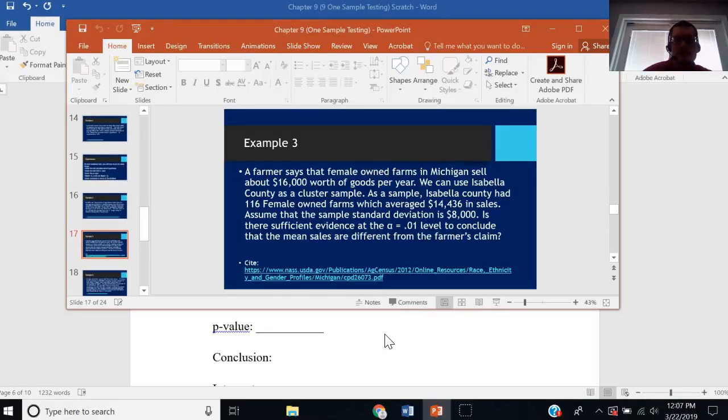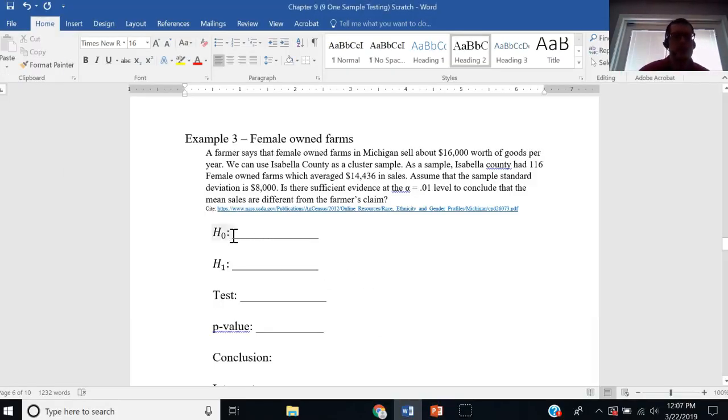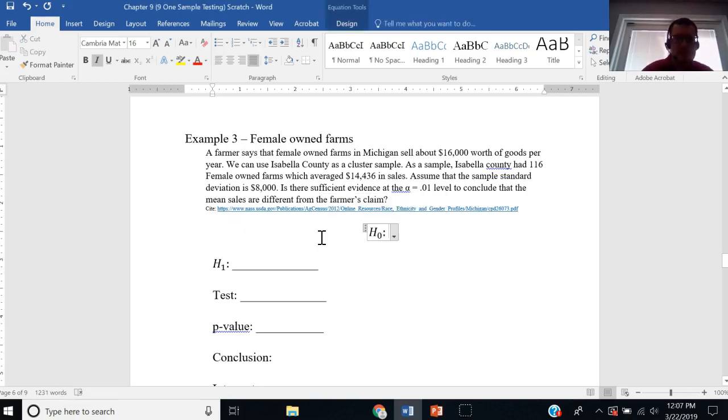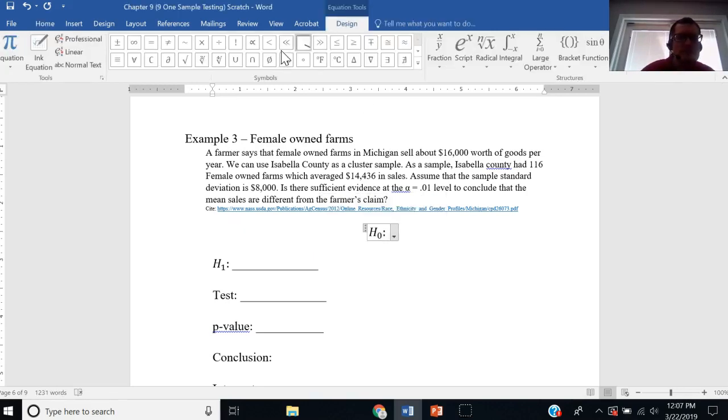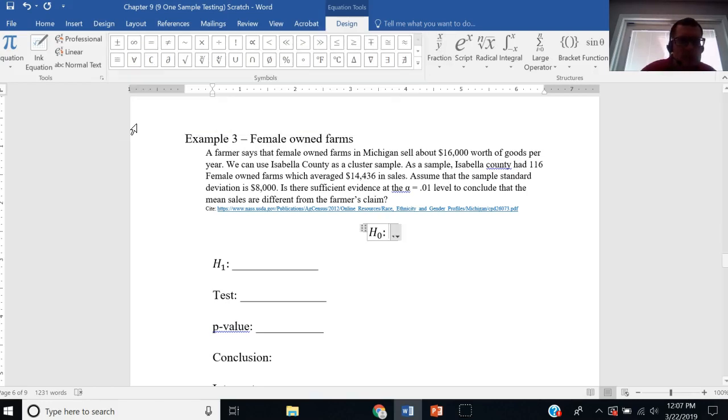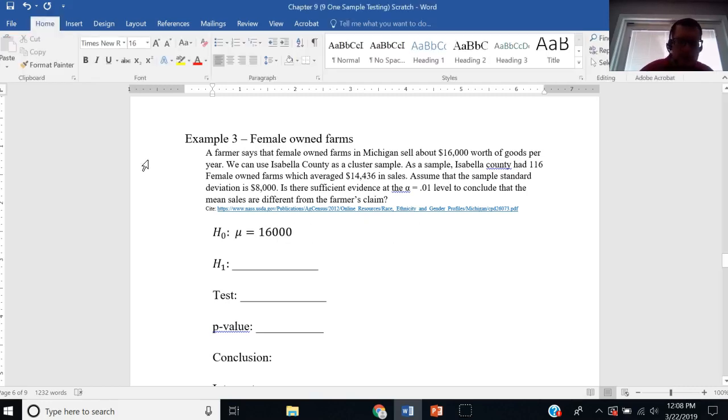So, setting this up, the null hypothesis is going to be the average, and in this case we're talking about the average amount of money sold on female-owned farms. So the average amount of money is $16,000. That's the claim that's being made.